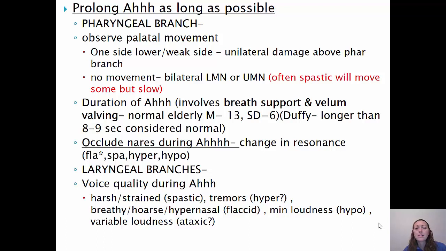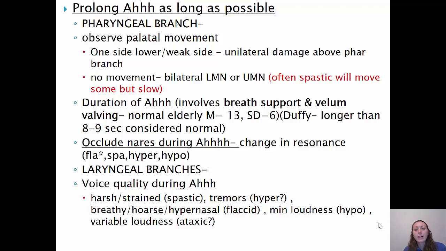But if you think about Duffy, he actually just provides a more simple working definition of what would be normal for a prolonged ah and said anywhere between 8 or 9 seconds is within the normal limits.